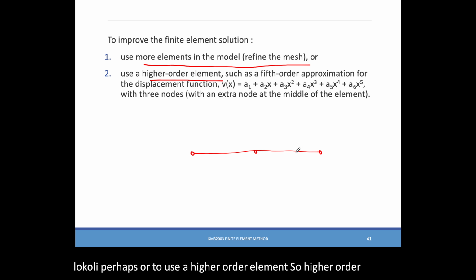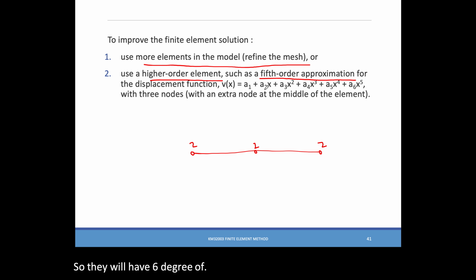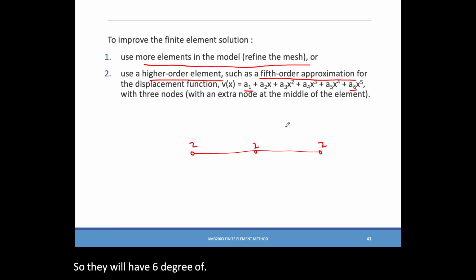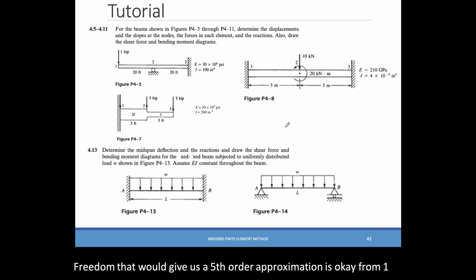Since every single node contains 2 degrees of freedom, they would have 6 degrees of freedom. That would give us a fifth order approximation, from A1 to A6. So by using this, hopefully we would be able to improve the solutions. These are some of the tutorial questions that you can try out at home.